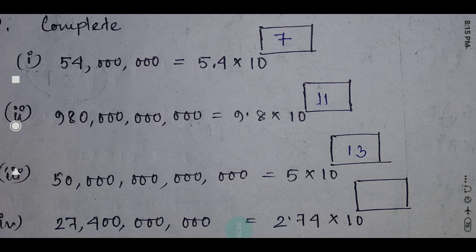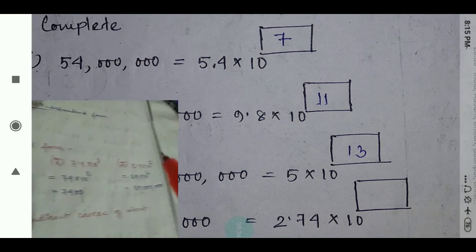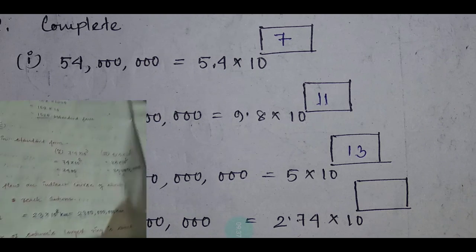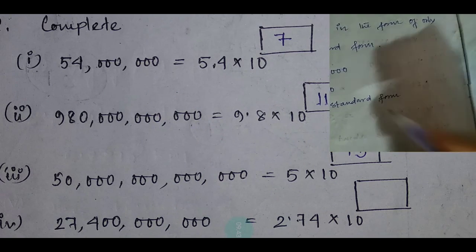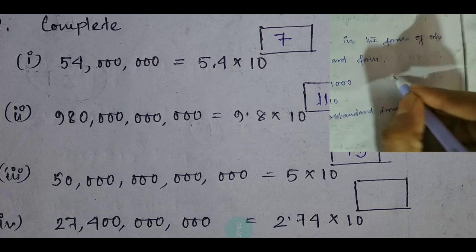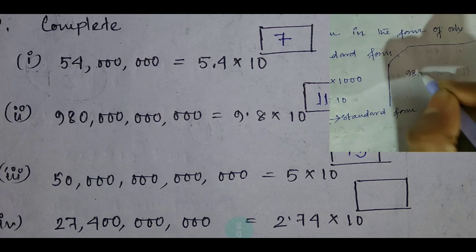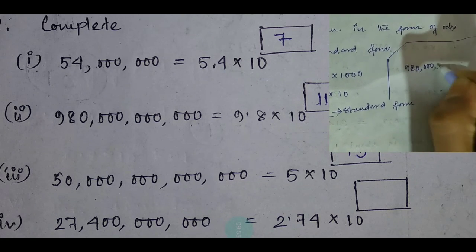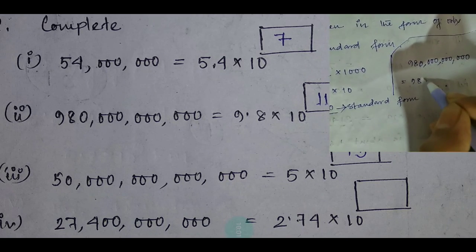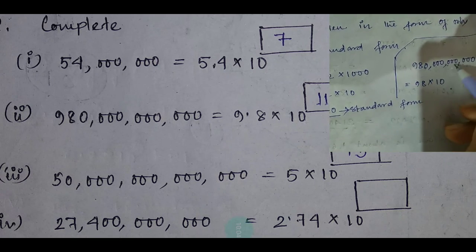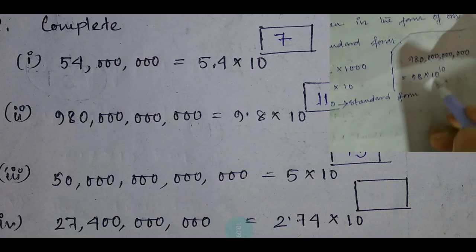Now another one, check it once. Your question is given with 98 followed by zeros. First you write 98 into 10 power 10.